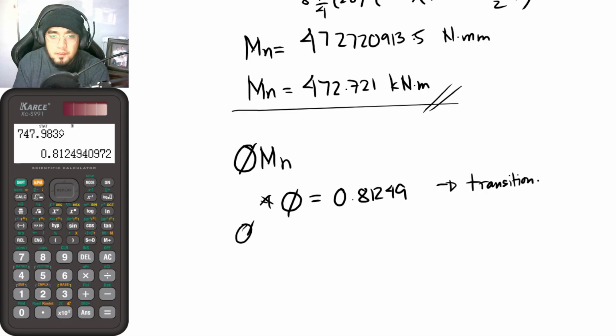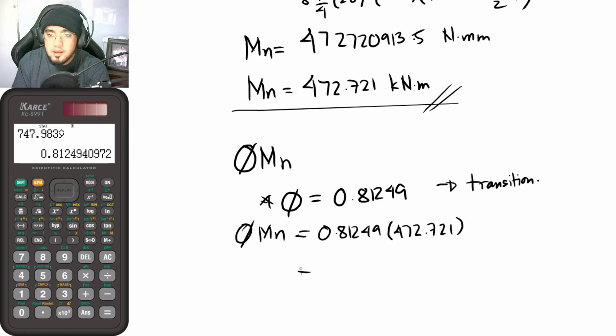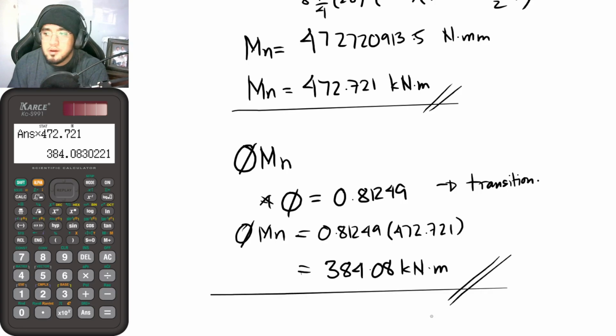So from that, phi Mn is now equal to 0.81249 times 472.721. Just multiply this by 472.721. And our answer here is 384.08 kilonewton meter. Okay, so there.